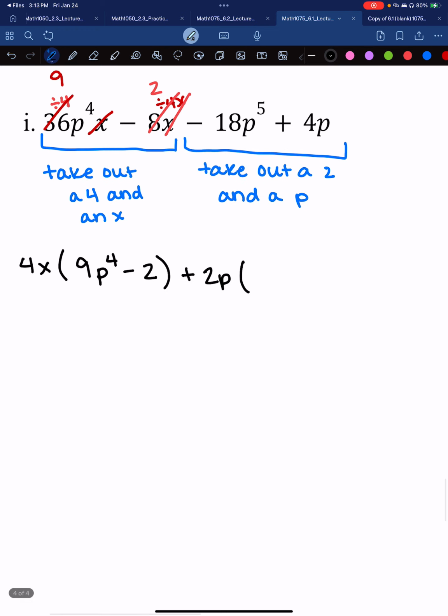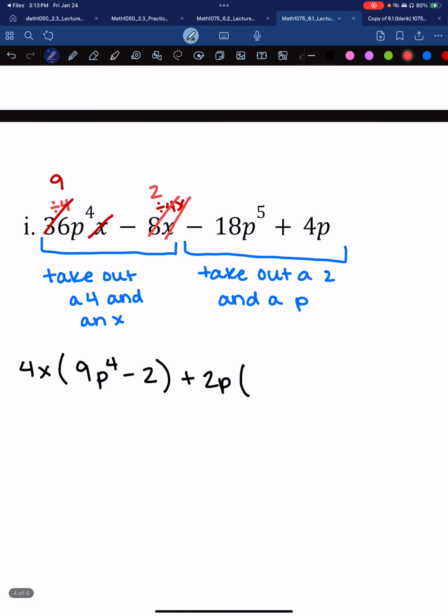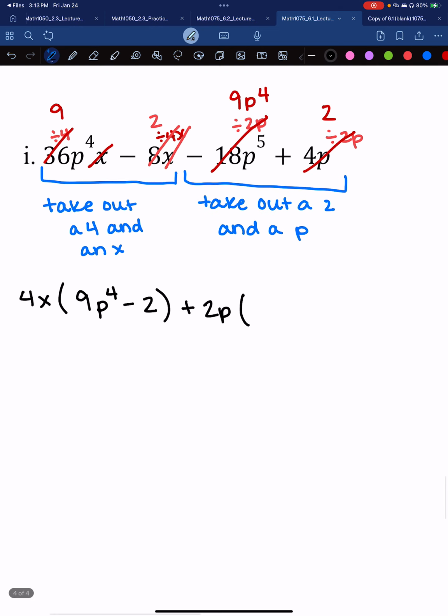So I'm left with, if I take 18p to the 5 and divide by 2p, I get 9p to the 4. And then if I divide 4p by 2p, I get just a 2 because the p's are going to cancel. So then I have, don't forget this negative part, I have negative 9p to the 4 plus 2.